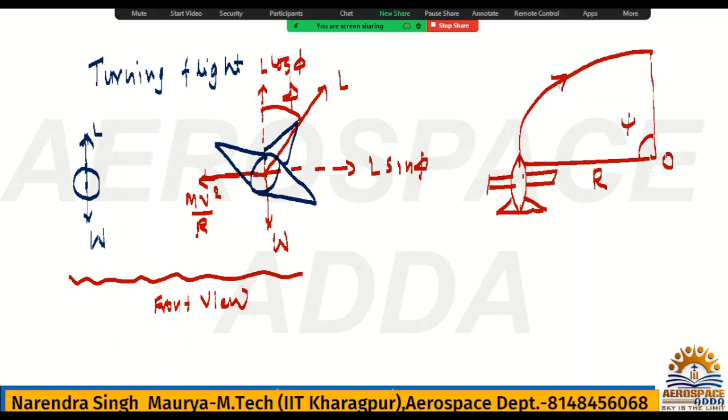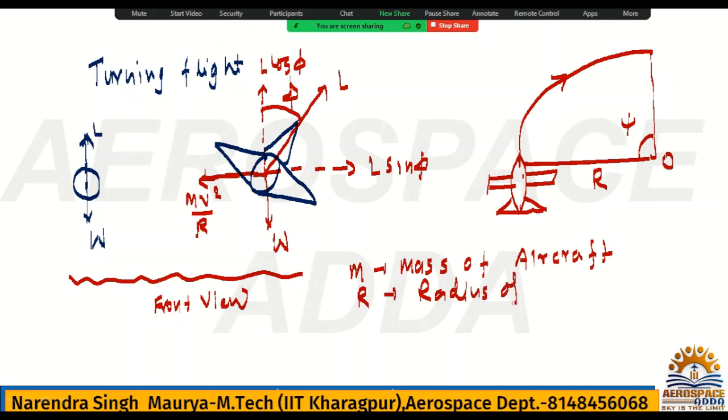So what is M? Mass of aircraft. What is R? Radius of turn. What is the V?